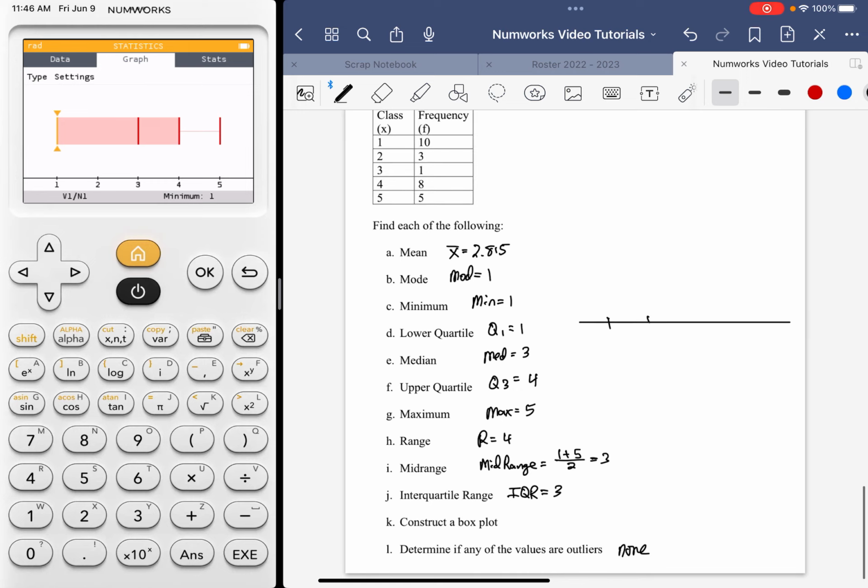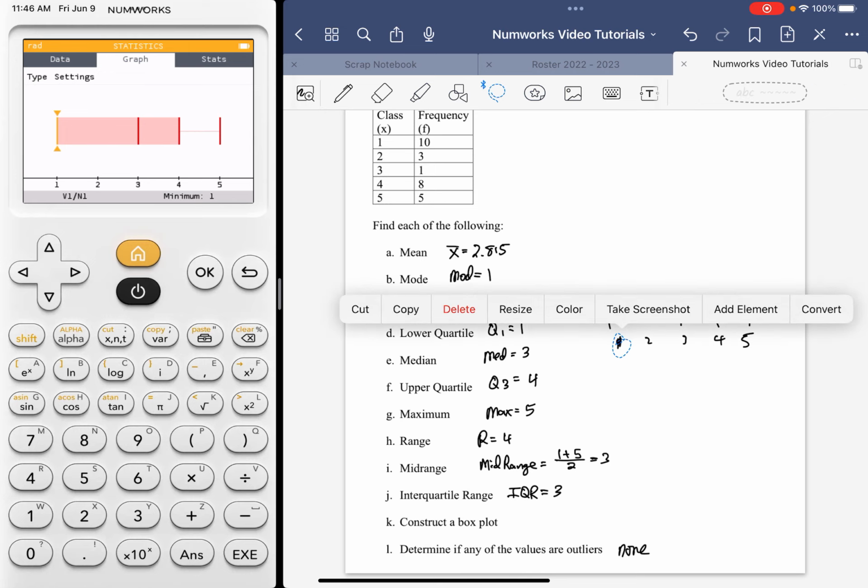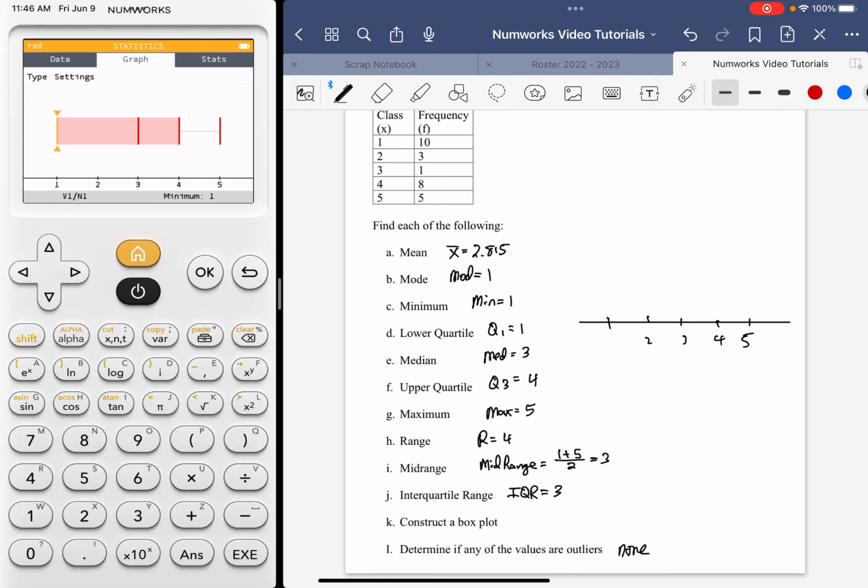So 1, 2, 3, 4, 5. Both the minimum and Q1 are at the same location. Sorry, penmanship. So I'll plot a point there. There's 1 and 3, and 4 and 5.